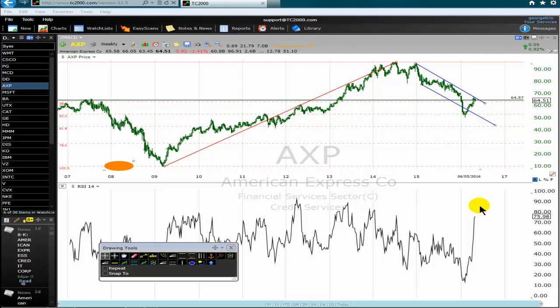Let's get started. I'm on a weekly chart of American Express, and we are using the RSI period 14. For new traders, the RSI stands for the Relative Strength Index.